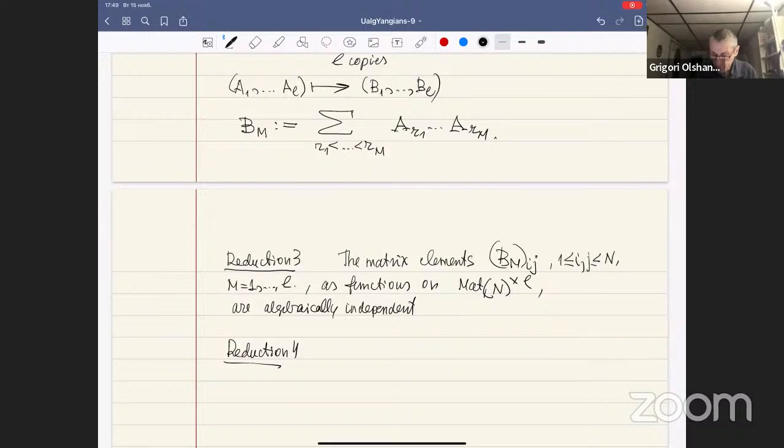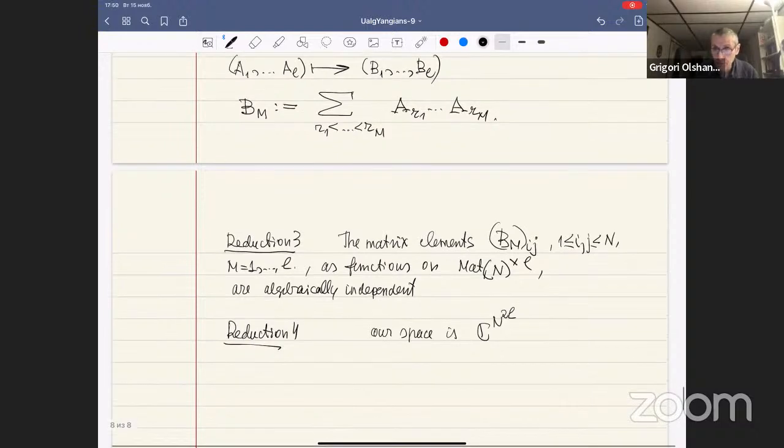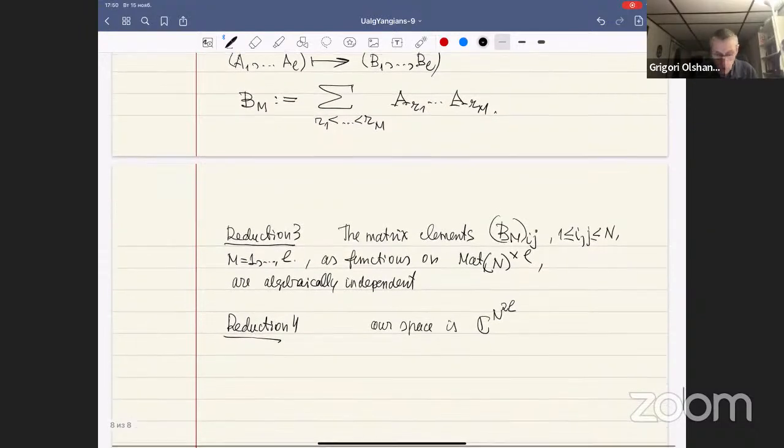Our multi-matrix space is a linear space of dimension n to the power 2 times L. This is the number of coordinates. The matrix values are coordinates.